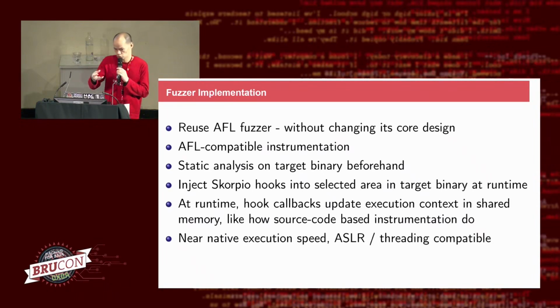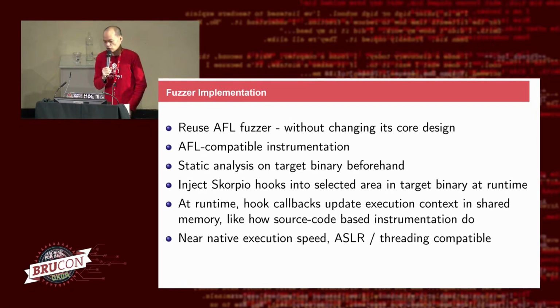But because we do not have source code, we only have the target binary, right? So we build our own instrumentation using Scorpio, as I explained. So the instrumentation part is compatible with AFL. So we just reuse AFL, we do not change anything. That's how we can reuse AFL.